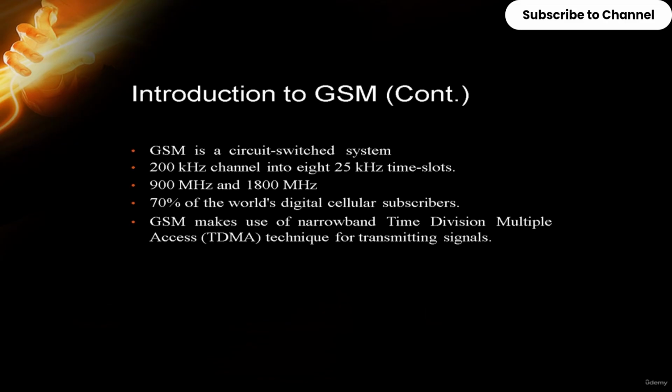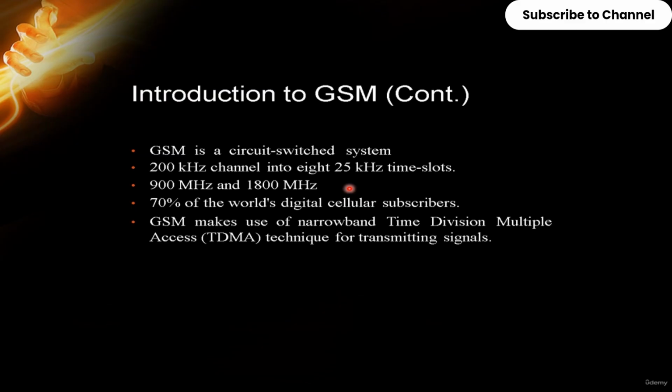GSM is a circuit switched system which divides 200 kilohertz channels into 8 time slots of 25 kilohertz. GSM operates in mobile communication in the bands 900 megahertz to 1800 megahertz all over the world.